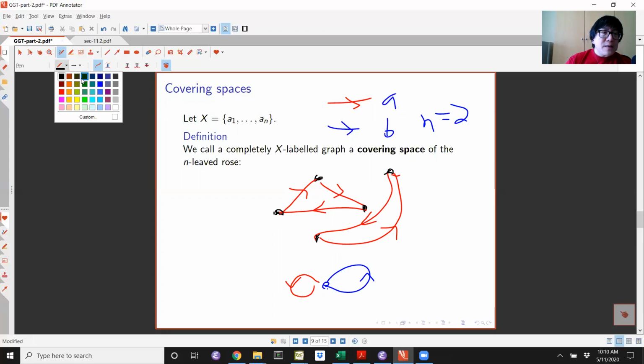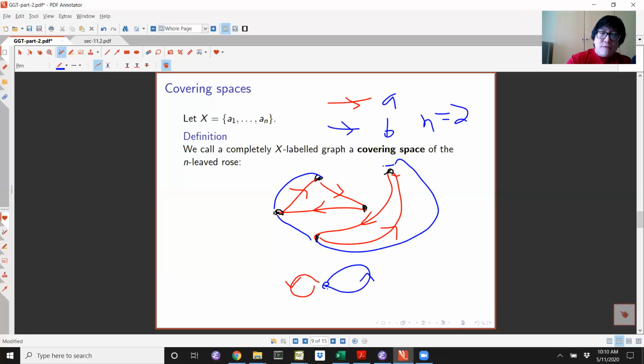Let me just go ahead and do that for the sake of time. 1, 2, 3, 4. So the blue edges chase around like this.